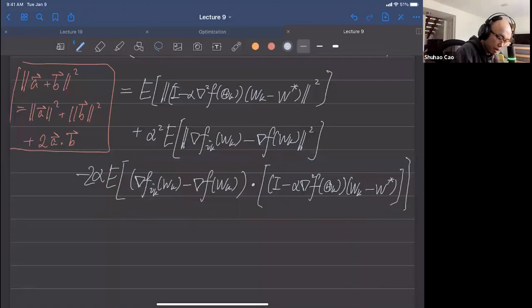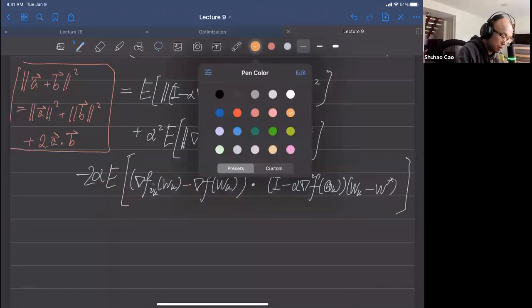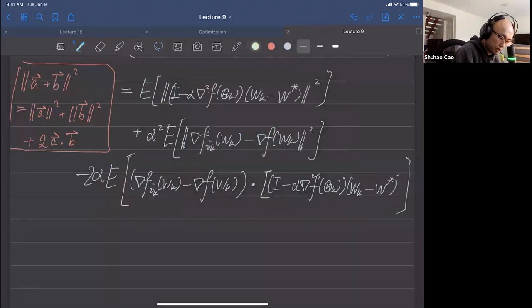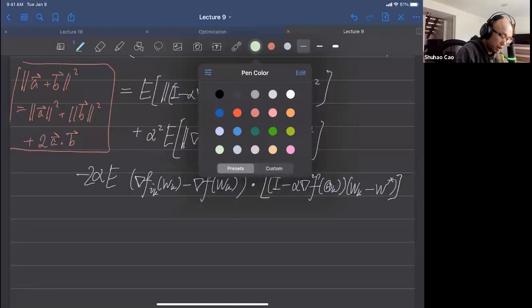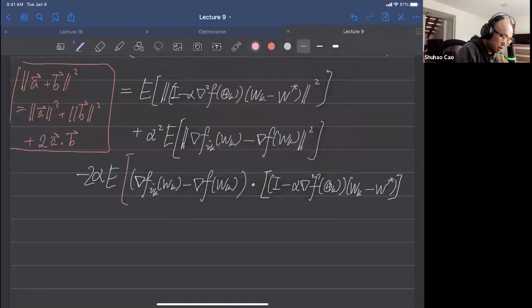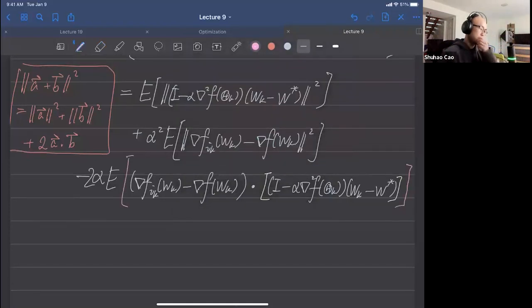And then we have a big bracket. Let me use a different color to denote the bracket, a brighter color.